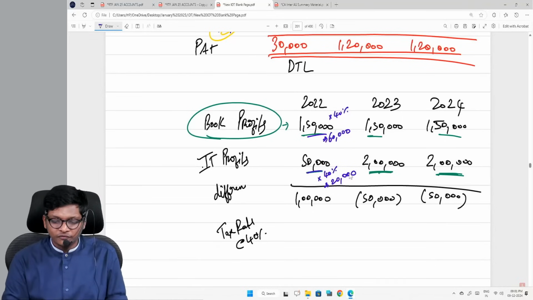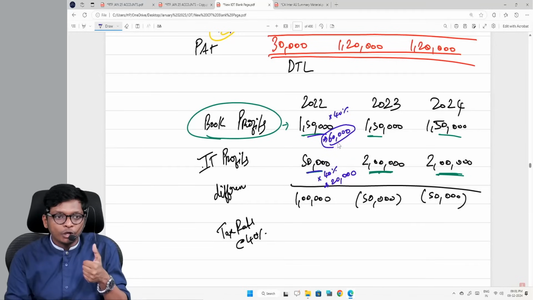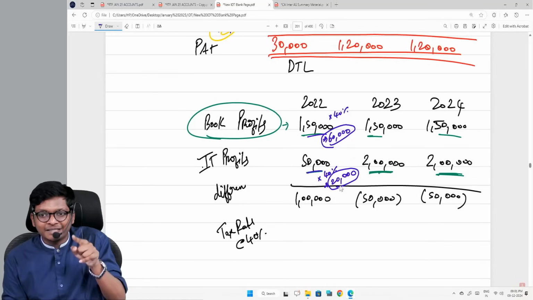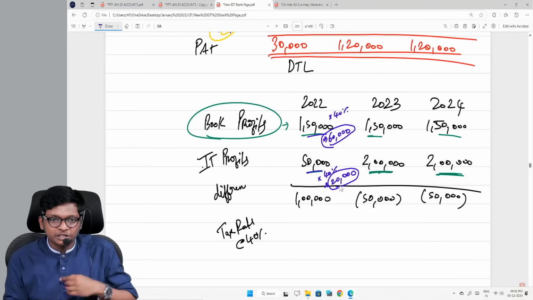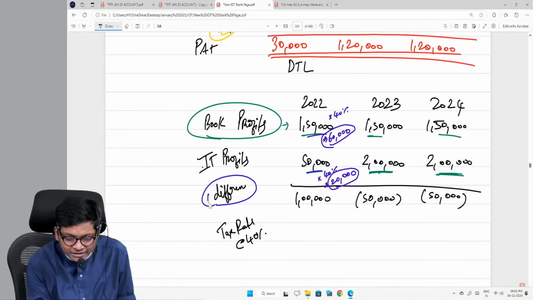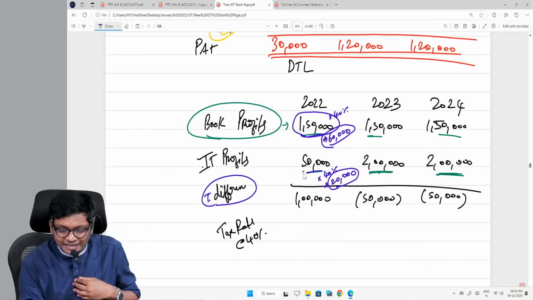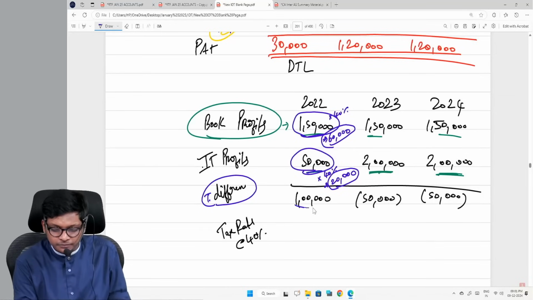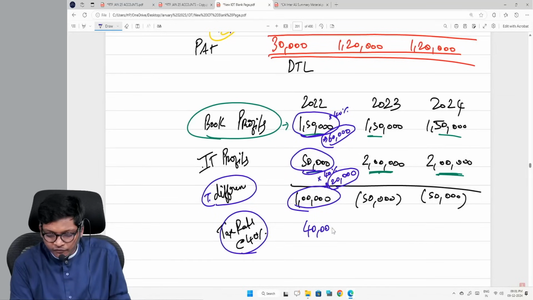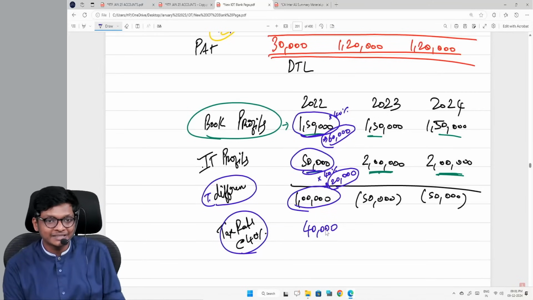So first year, in a place where you should have paid 60,000, you end up paying only 20,000 because of 100% depreciation, and you saved how much? 40,000 in tax. That is nothing but timing difference. The timing difference is the difference between book profits and income tax profits, which is 1 lakh. 1 lakh into 40%, 40,000 is the tax that is saved. Are you following, guys? In the first year.